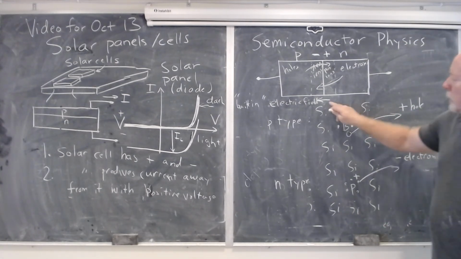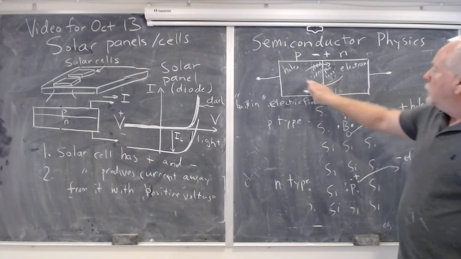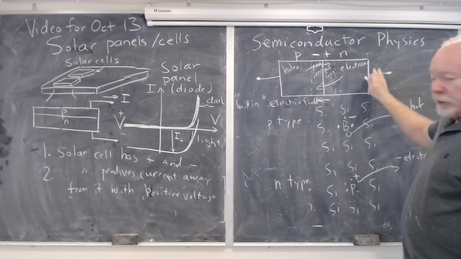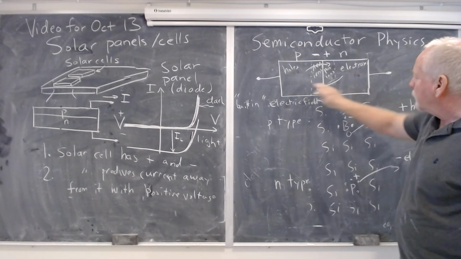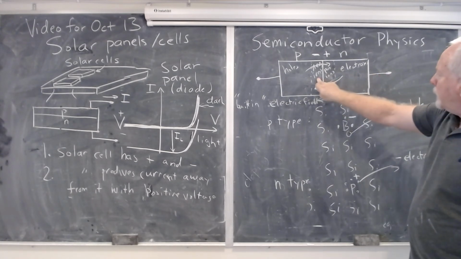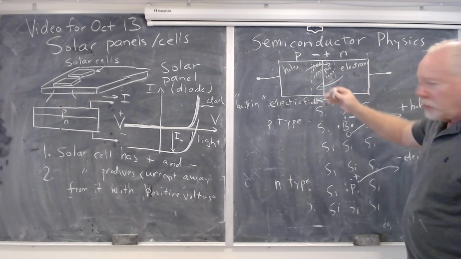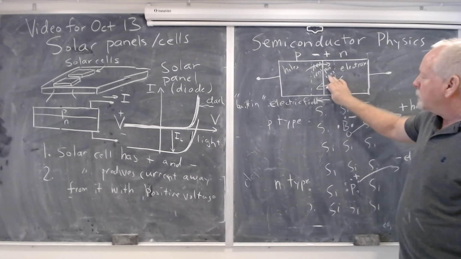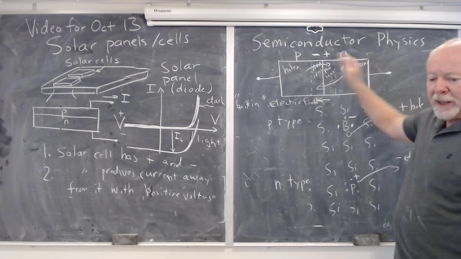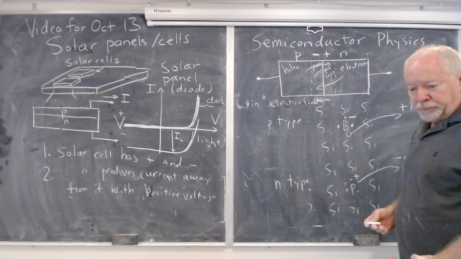And that electric field acts to stop the holes from moving and stop the electrons from moving. Another way to think about it is that these negative ions repel those electrons, so they can't get over anymore, and those positive ions over here repel the holes, so they can't get over anymore. And we go into equilibrium.